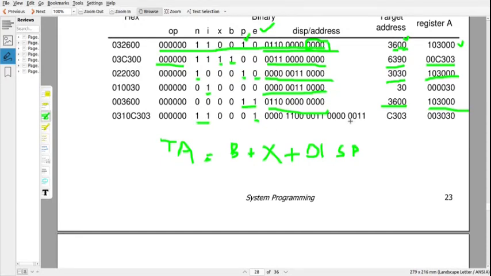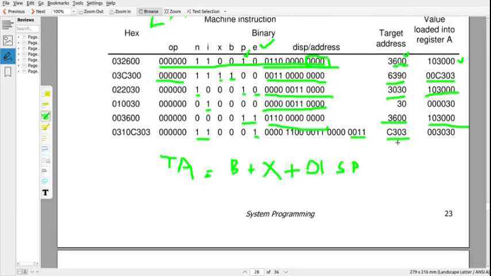Since it is format 4, we have a 20 bit displacement, you can see 1, 4, 4, 4, 4, 4, so 20 bit. So this is equal to 3, 0, 3, and this is 12, actually C, hexadecimal value C. So C303, this is the target address because this is direct addressing mode.